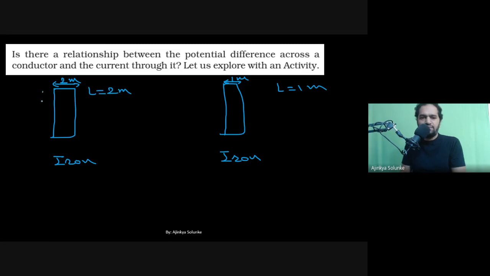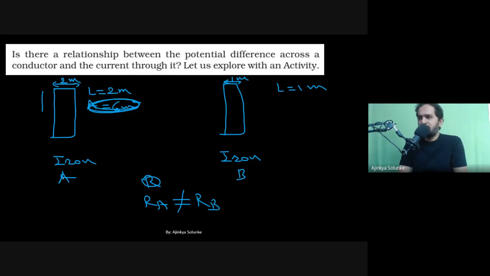And area, suppose, is something like 6 meters square. Forget about the area. Tell me one thing. Will the resistance be different for iron A and iron B? Can we say RA is not equal to RB? The resistance will not be equal because after all the lengths are different. So resistance is definitely different. What about resistivity?